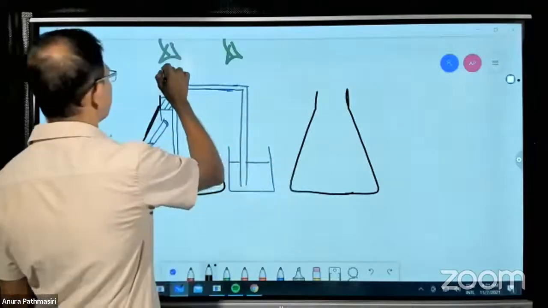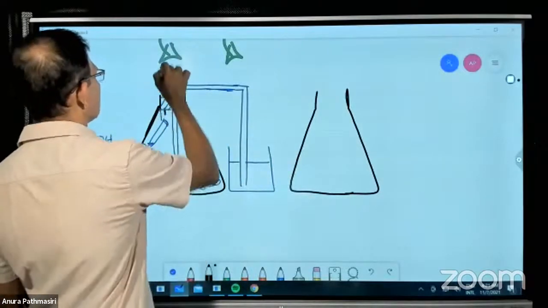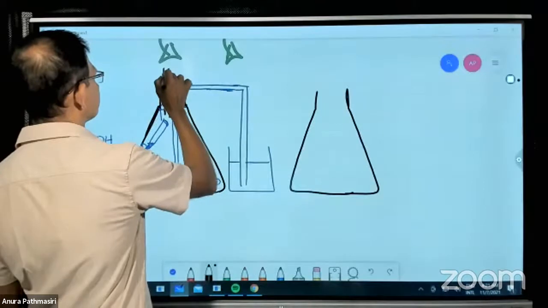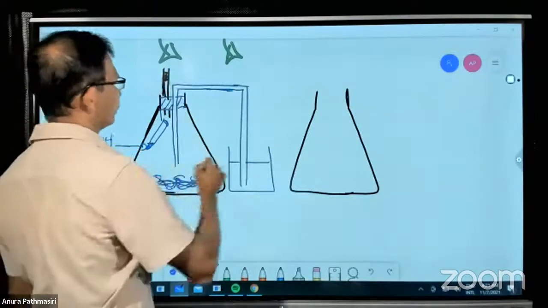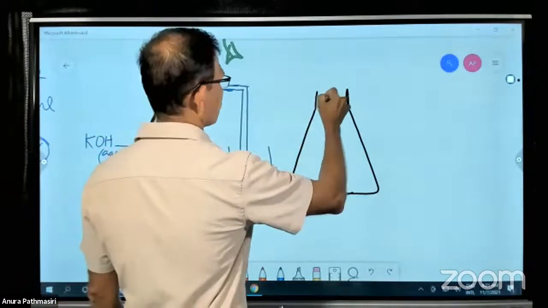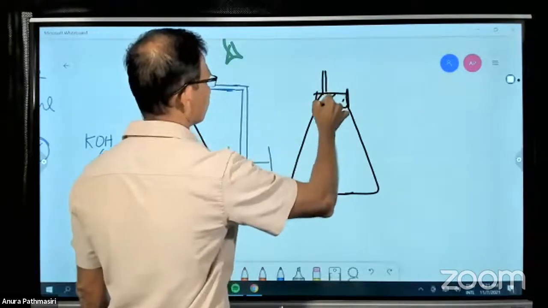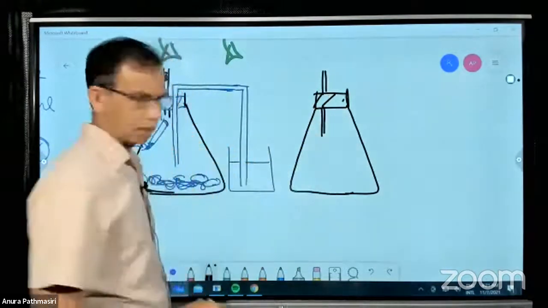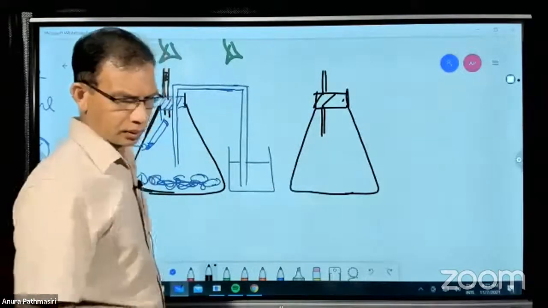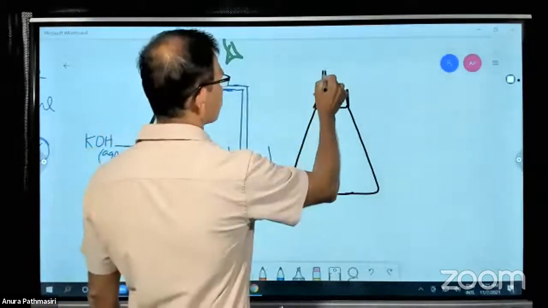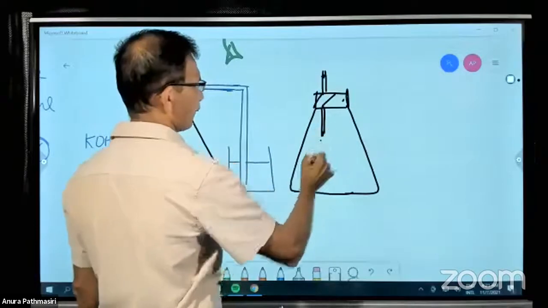There's one part over here, so then this is covered. So you can have again the glass tube, rubber tube. It should be rubber tube.